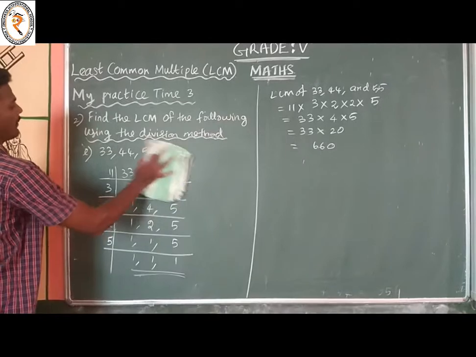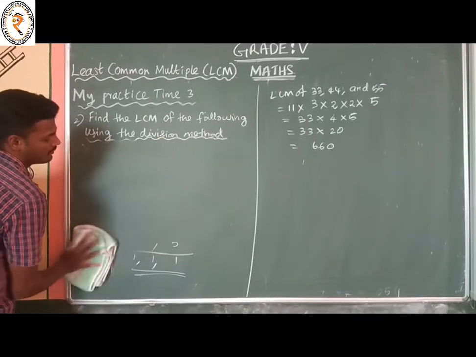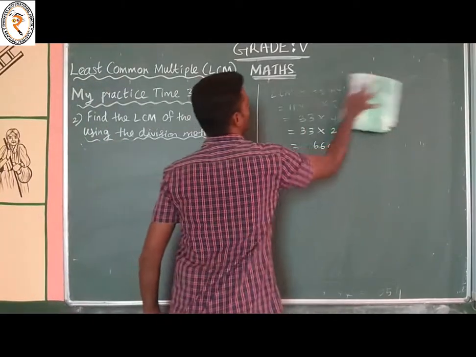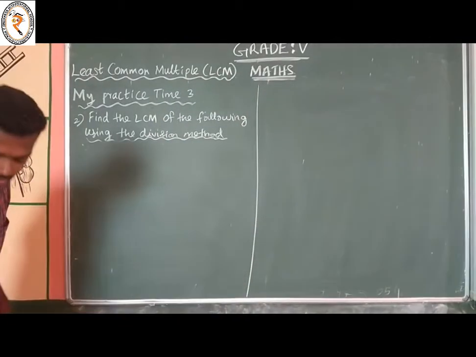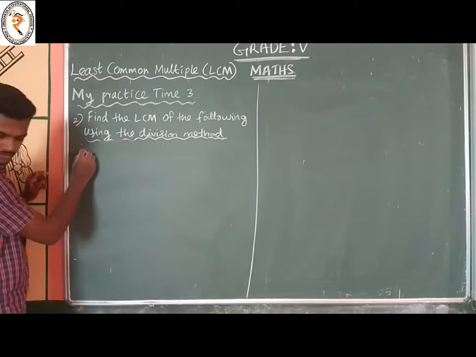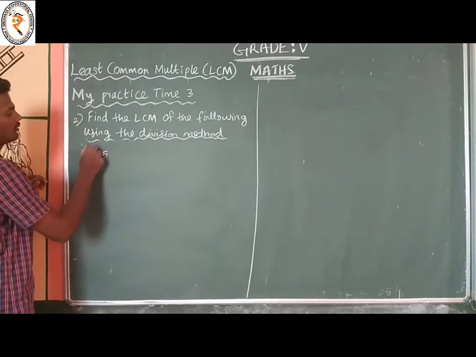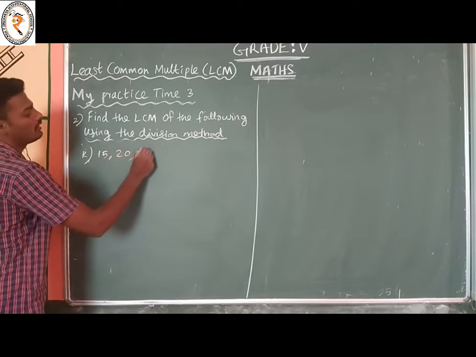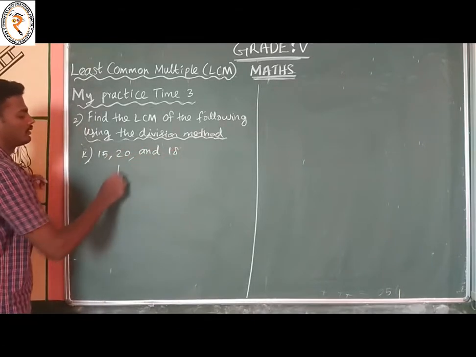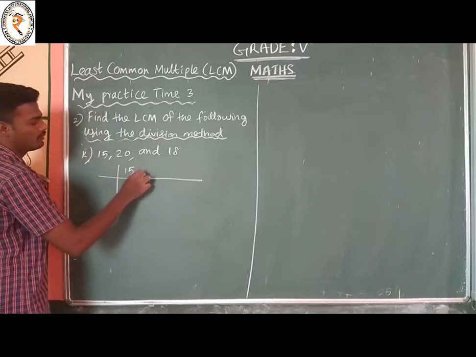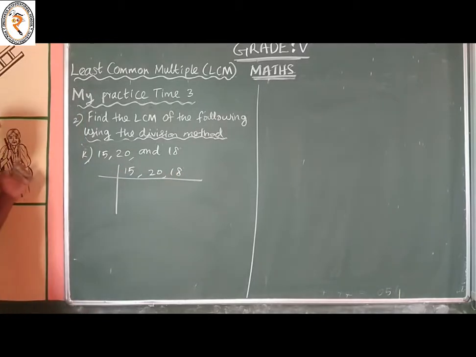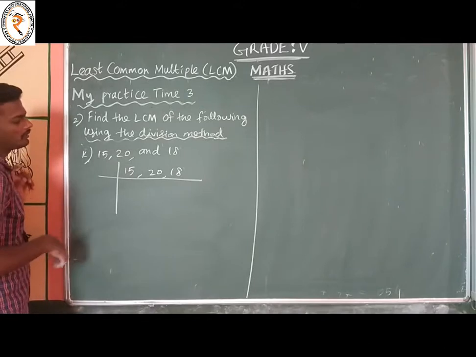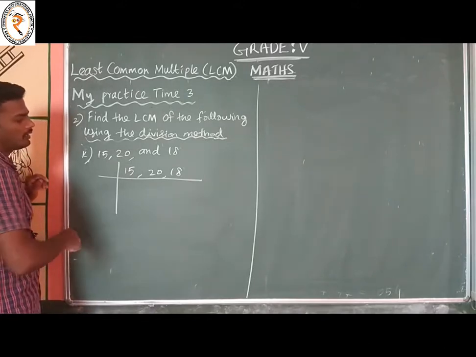Again one sum: 15, 20 and 18. 15, 20, 18. For these 3 numbers there is no common table, so we can split in the third table or second table.